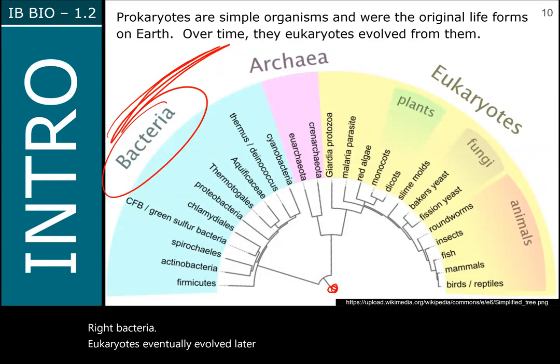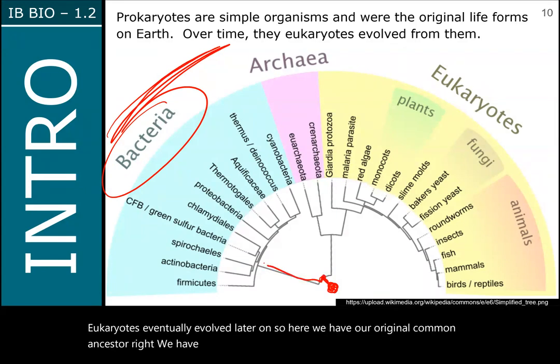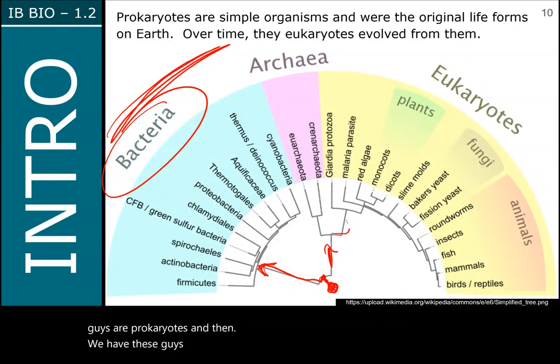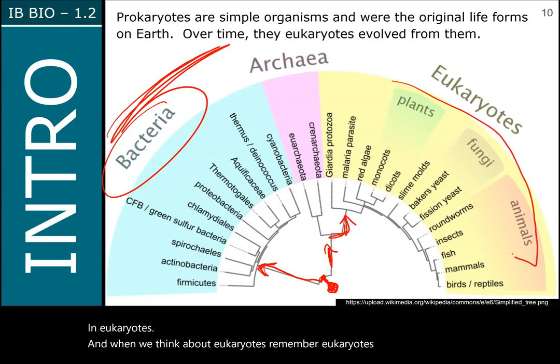So here we have our original common ancestor, right? We have descent, we have a common ancestor, we split. These guys are prokaryotes. And then we have these guys, which become archaea and eukaryotes. And when we think about eukaryotes, remember, eukaryotes include plants, fungi, and animals.